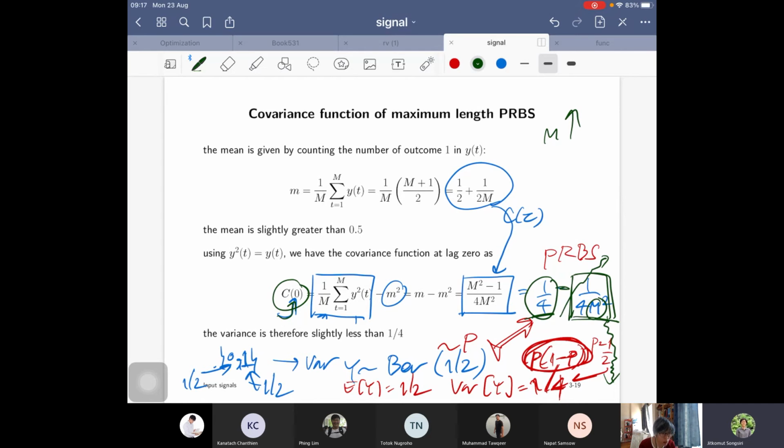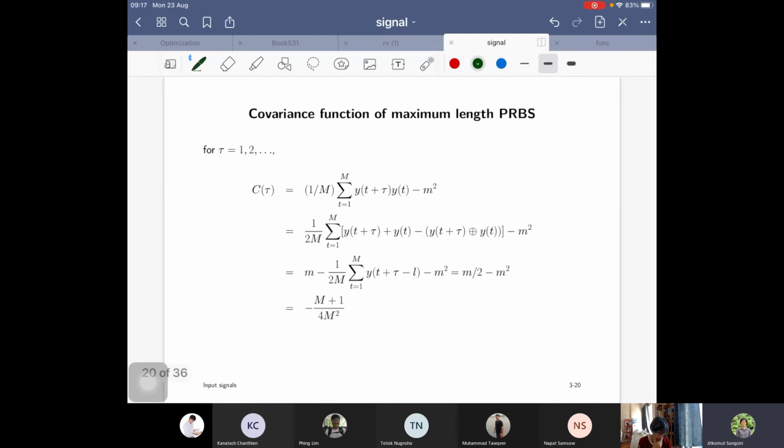We have about 10 minutes. Now let's finish the last one: what about tau equal to 1, 2, 3, and 4? We just use the definition.